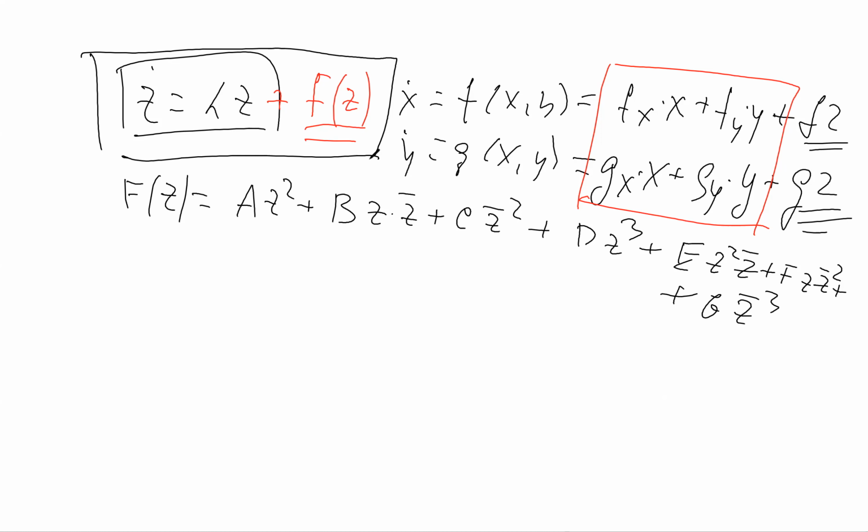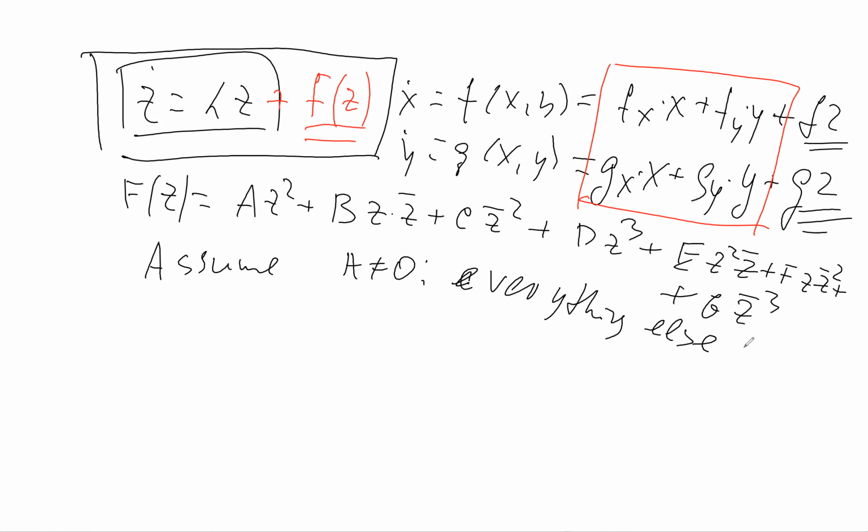Okay, so what we do now: assume we ignore cubic terms, we consider quadratic terms, and we don't even consider all quadratic terms. Assume, let's say, a is non-zero and everything else is zero. Therefore z dot will be equal to lambda z plus a z squared.